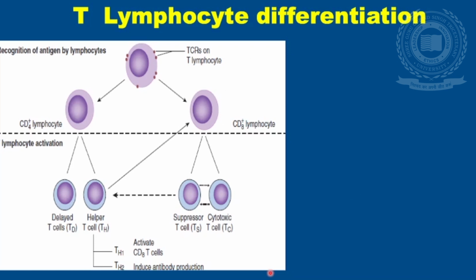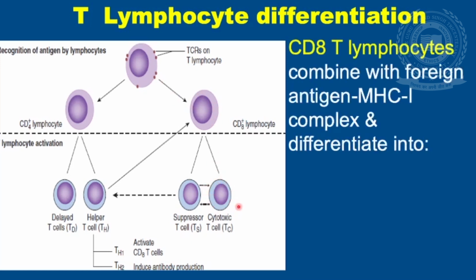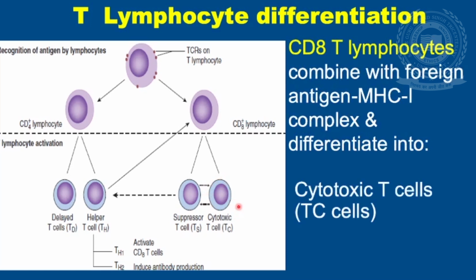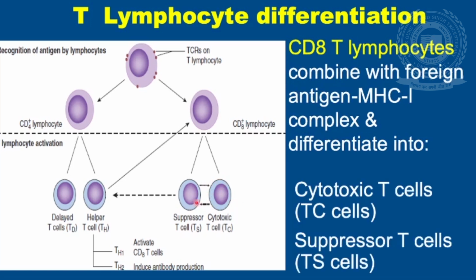Third stage is the T-lymphocyte differentiation. CD8 type of lymphocytes, after combining with the MHC class 1 complex, differentiate into cytotoxic T cells and the suppressor T cells.